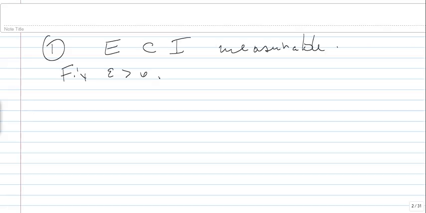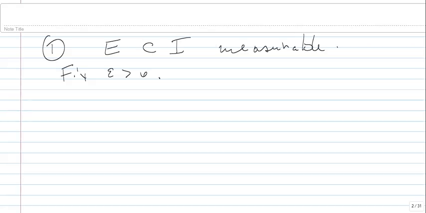We have E, which is a measurable subset of I. So we fix epsilon positive, and we want to build a step function on I which coincides with the characteristic function on a subset F of I, which almost gives me the measure of E.